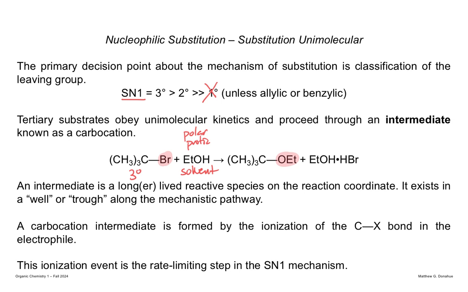So one main difference of the SN1 mechanism is the rate limiting step is the ionization of the carbon leaving group bond. So that's going to form a carbon that's positively charged called a carbocation. And then whatever the X group is going to get the negative charge.